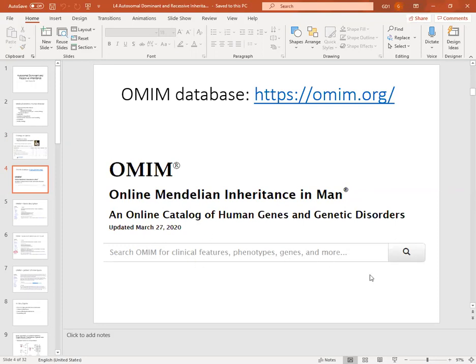They have a search box. You just put in your gene name and also the phenotype or disease name here, and it can search for you all the information they have about the gene and the disease related to the gene. Or if you put in the phenotype or the disease, it gives you a lot of genes related to that disease.